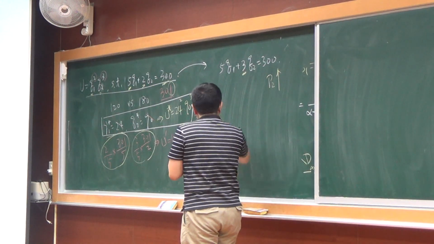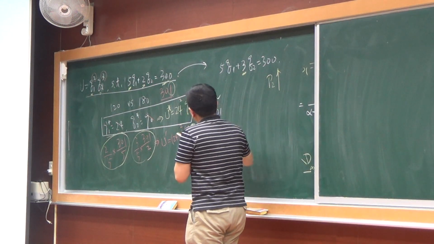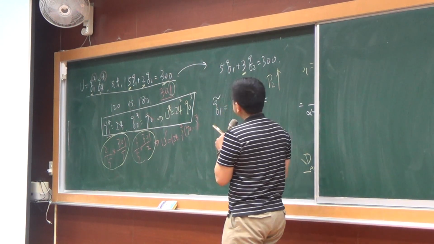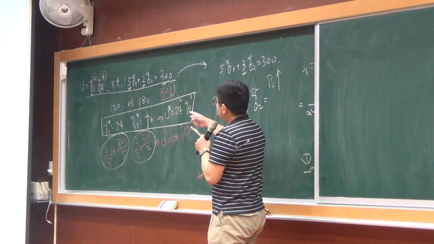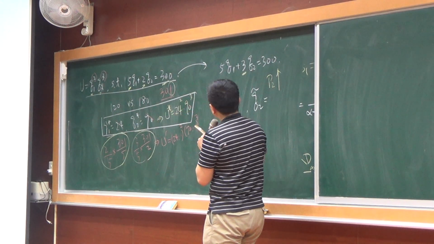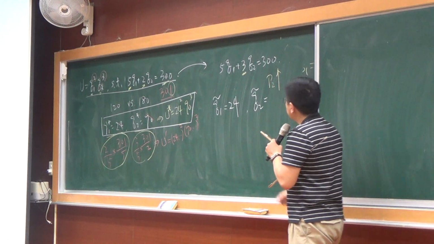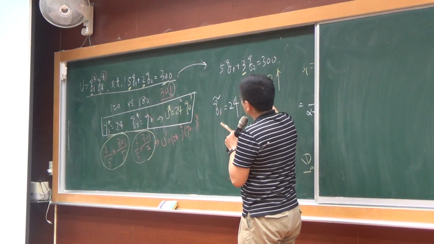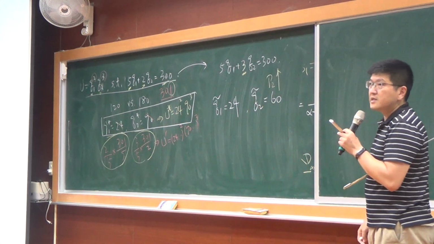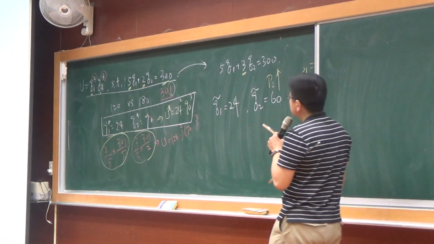So now our Q1 tilde and Q2 tilde. Q1 tilde will be 120 divided by 5 is 24 still. And Q2 tilde will be 180 over 3. It becomes 60 now.